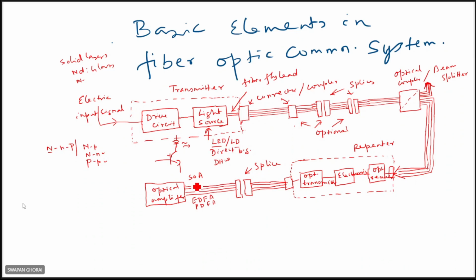So it can be semiconductor-based or fiber-based optical amplifiers. Sometimes the whole repeater is replaced by optical amplifiers. There is no need for repeaters in some cases if you use optical amplifiers.